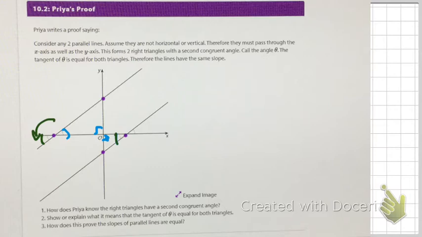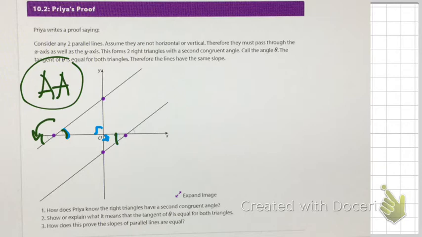Either way, you've got a right angle and another angle. Once you've got an angle on a right triangle, they're congruent, because the right angle is fixed, kind of rigid, if you will. So those are congruent angles, but the triangles themselves are similar.